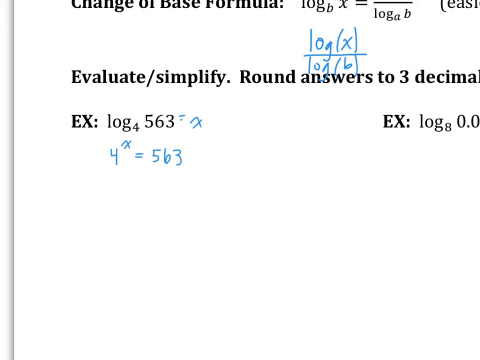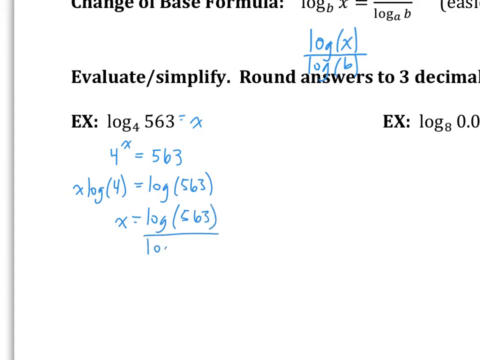Well, we would take the log of both sides, and at the same time, I'm going to move that x out front. So we would have x times the log of 4 equals the log of 563. And then we would divide by log of 4, and we would get log of 563 divided by log of 4, right?